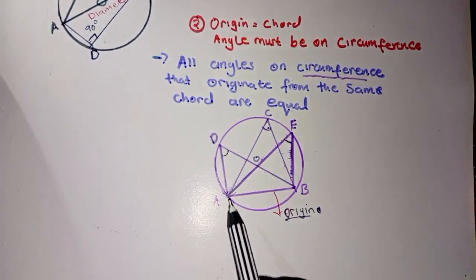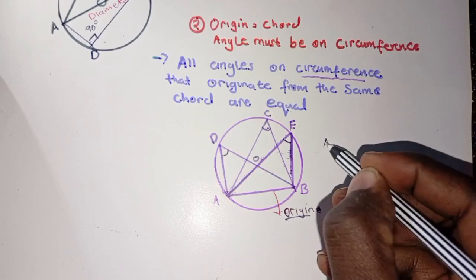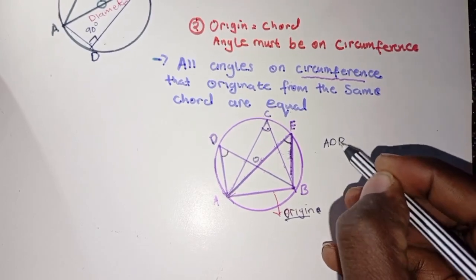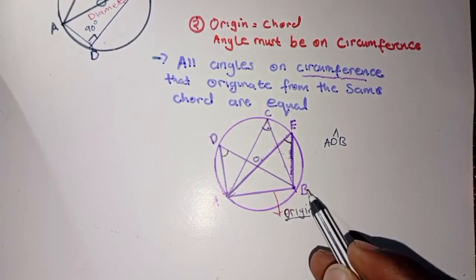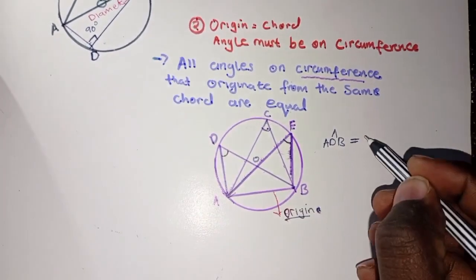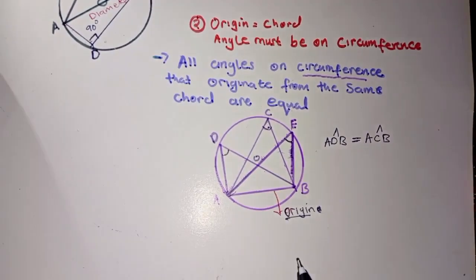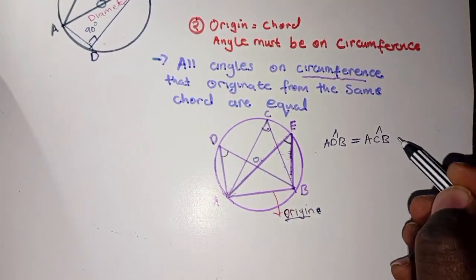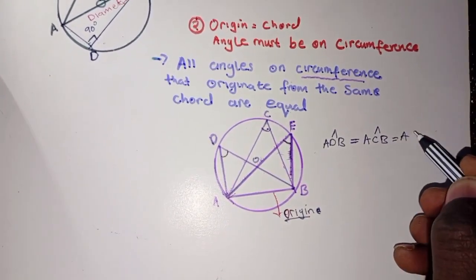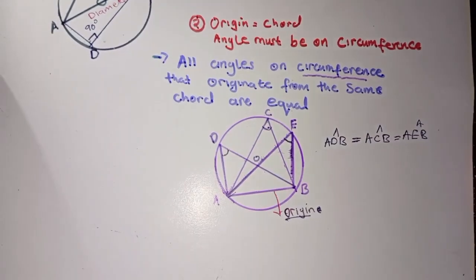So the way we read angles, this one is read as ADB. So angle ADB is equal to this one, ACB, and this one, AEB. So all these three angles are equal.